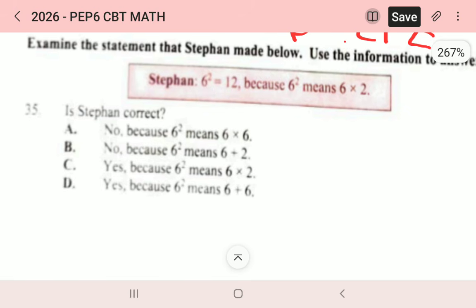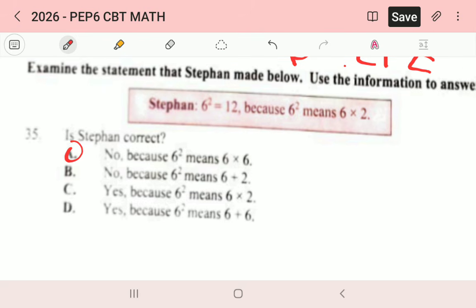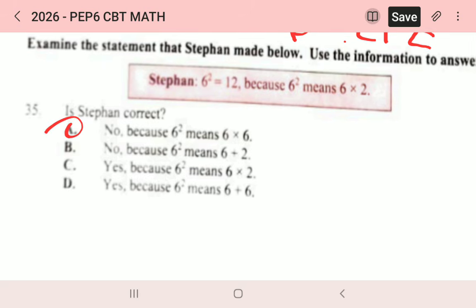A says no, because 6 squared means 6 times 6. B says no, because 6 squared means 6 plus 6. C says yes, he is right, because 6 squared means 6 times 2. D says yes, he is right, because 6 squared means 6 plus 6. So 35, what is 6 squared? It is multiplying the number by itself. Squared is by itself, so it's 6 times 6.